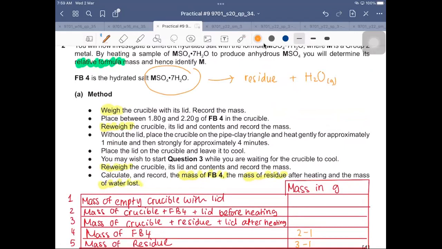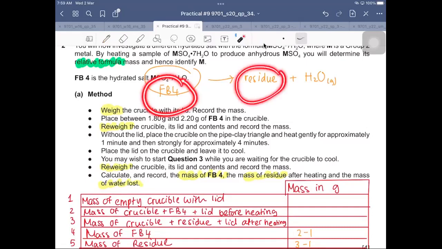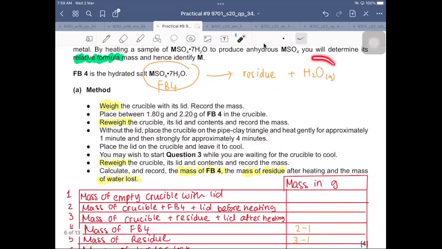So if H2O evaporates as gas, you would expect the mass of FP4 to be a little bit higher than the mass of residue. Basically, there will be a decrease in mass.